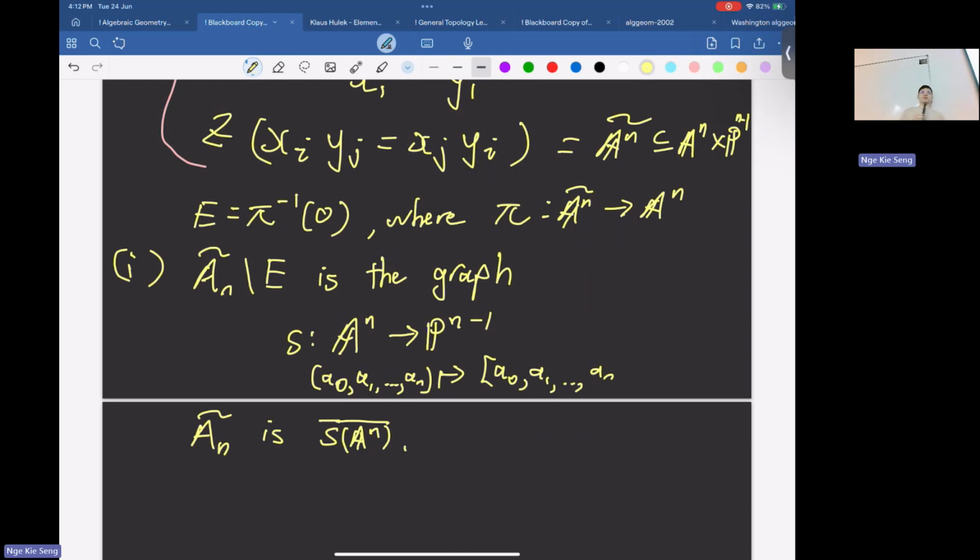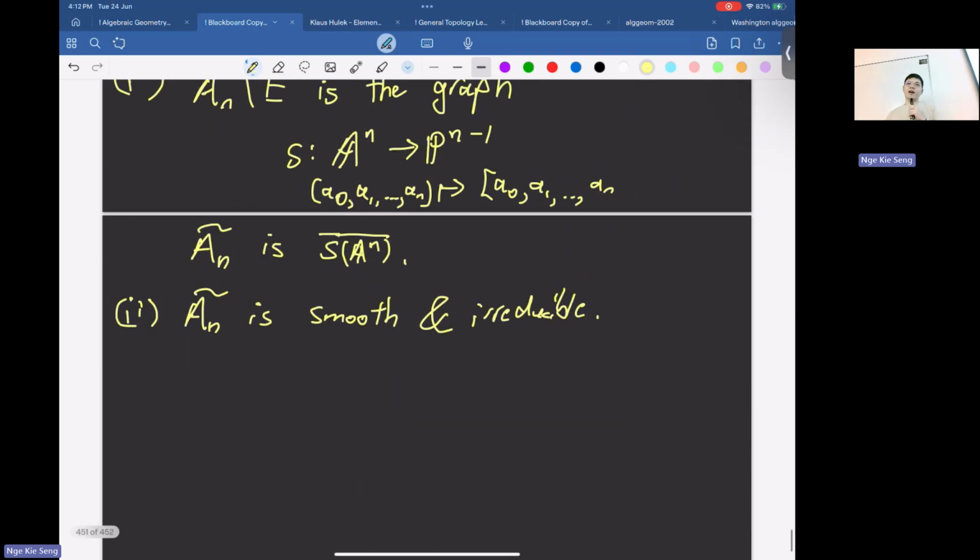Okay, what else did we prove? This guy is smooth. A tilde is smooth. It is also irreducible. Smooth and irreducible. So why is it irreducible? We can cover it using an open cover.